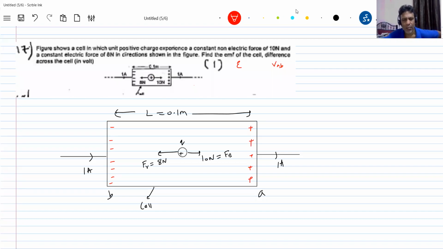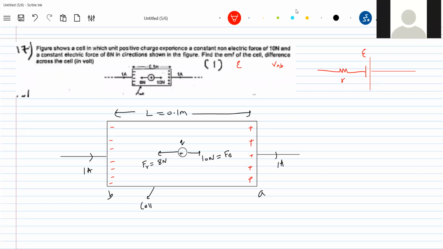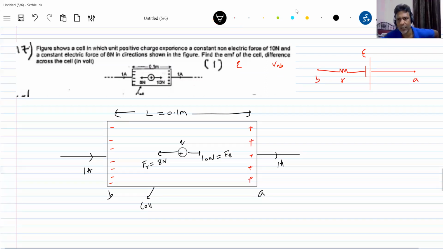If you're getting confused, just replace this with an equivalent circuit: internal resistance R, terminal A, terminal B, this is the EMF, and this is the current which is flowing. Do we have information of current? It is 1 ampere.